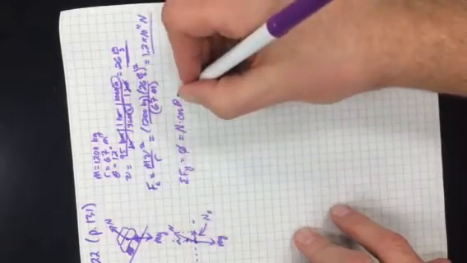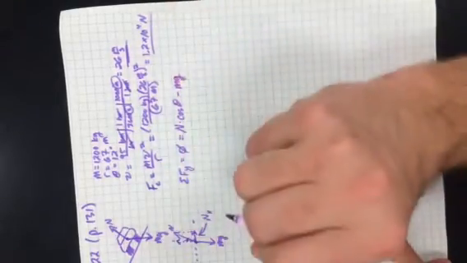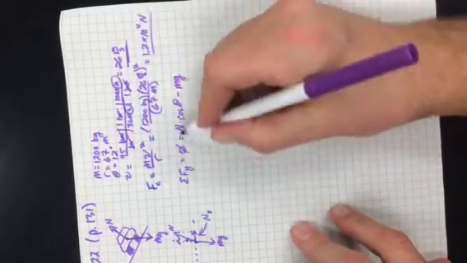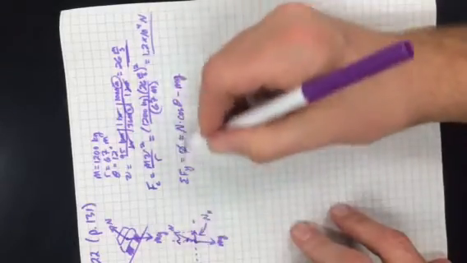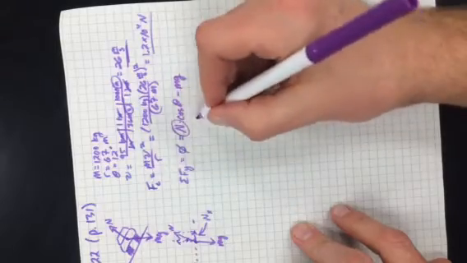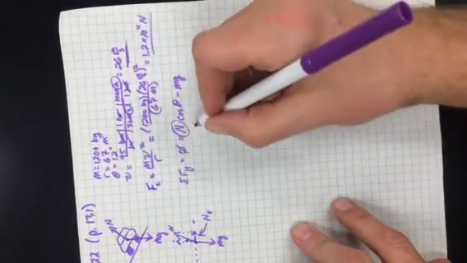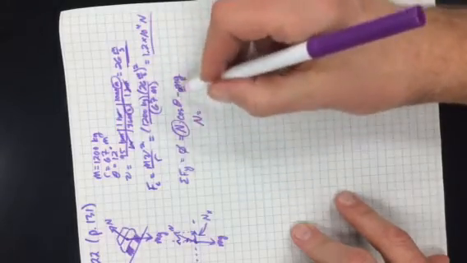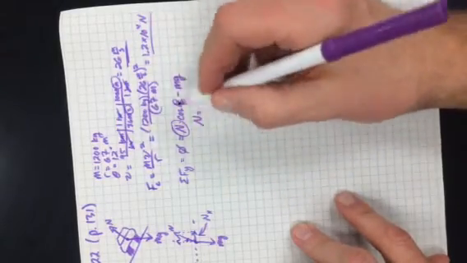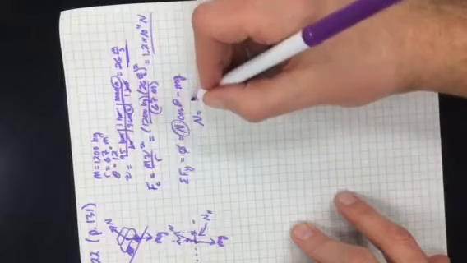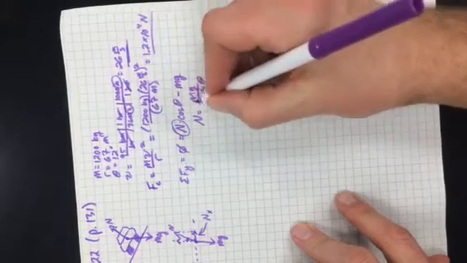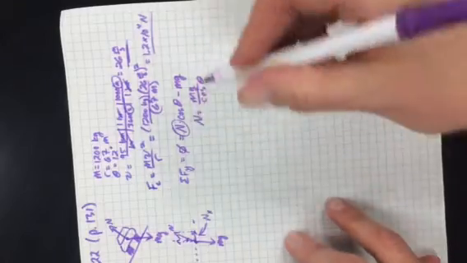In the other direction, down, we have the weight of the vehicle. Out of all this, I'm going to set up to solve for the normal force. When I do that, just adding that to the other side and dividing by the cosine, I end up with the weight of the car divided by the cosine of the angle. That should give me the normal force.